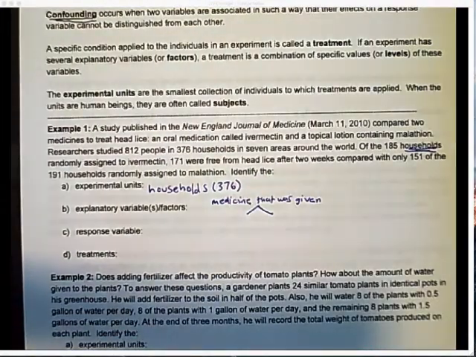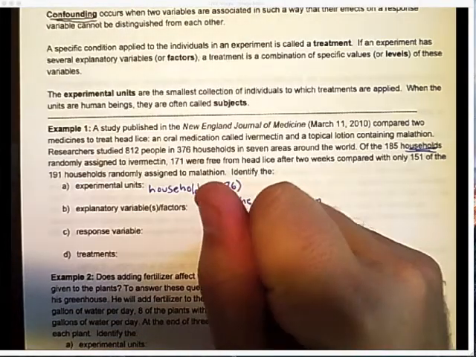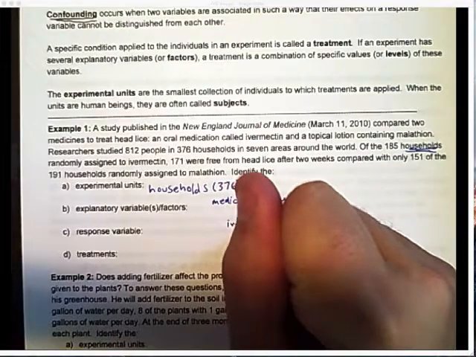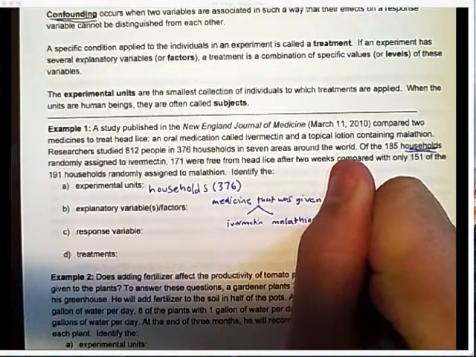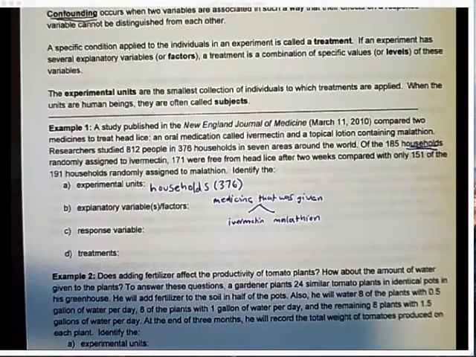There's two factors here: there's the ivermectin and the malathion. So those are the two factors.